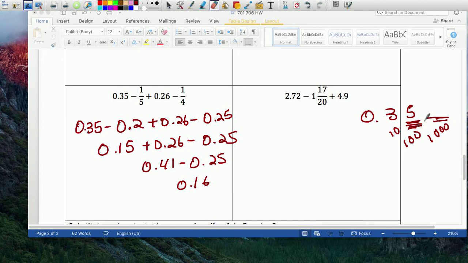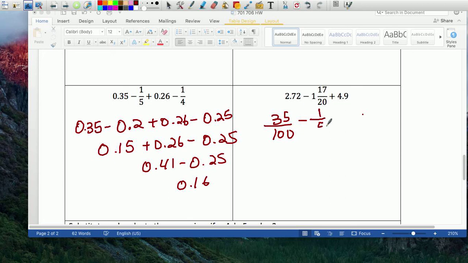So 0.35 as a fraction, I can write as 35 over 100. Minus 1/5, that's already a fraction, plus 26 over 100 minus 1/4.